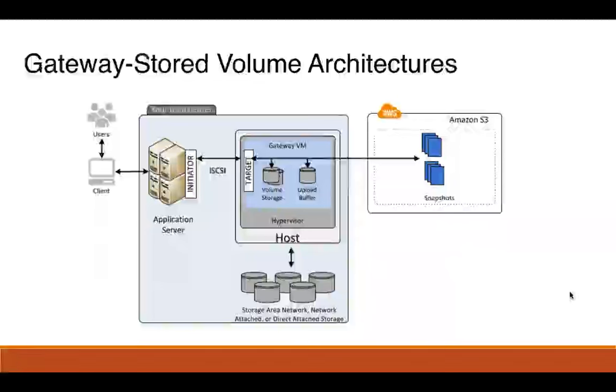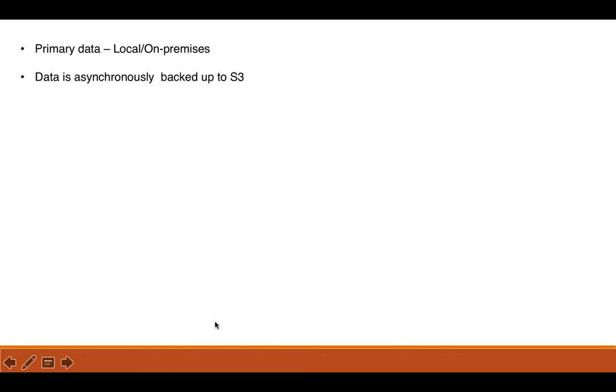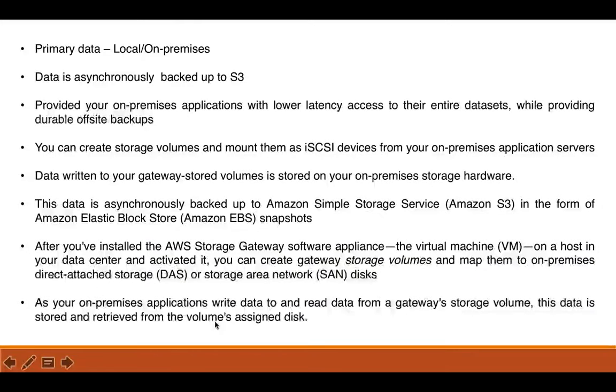Once you create the volume storage, the entire data is read or written from the local storage in your data center. So it is mapped to your local disks. This is quite an important point.